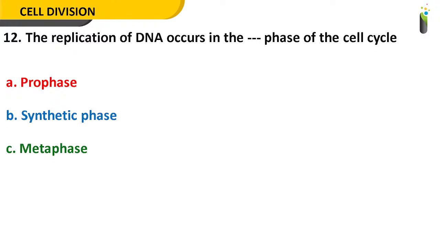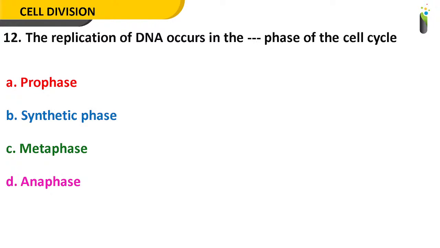Now, coming to the next question, number 12. The replication of DNA occurs in the dash phase of the cell cycle. A. Prophase. B. Synthetic phase. C. Metaphase. D. Anaphase. The replication of DNA. Either you call it replication or you call it duplication. It's one and the same.